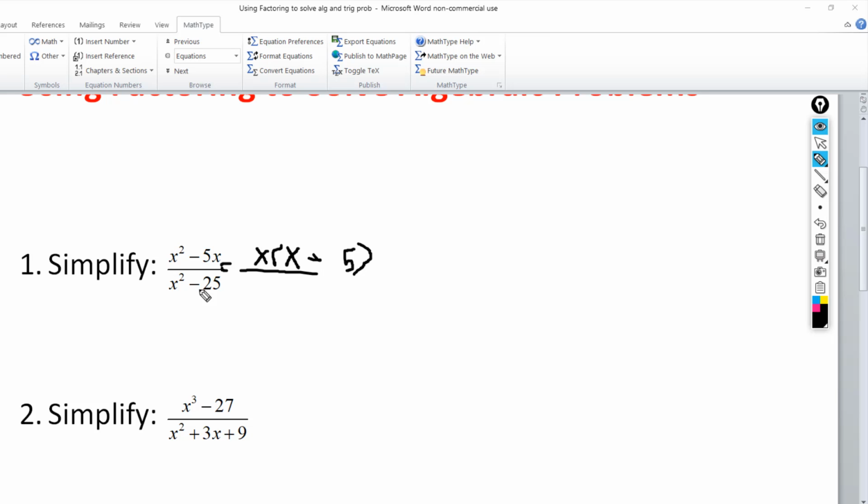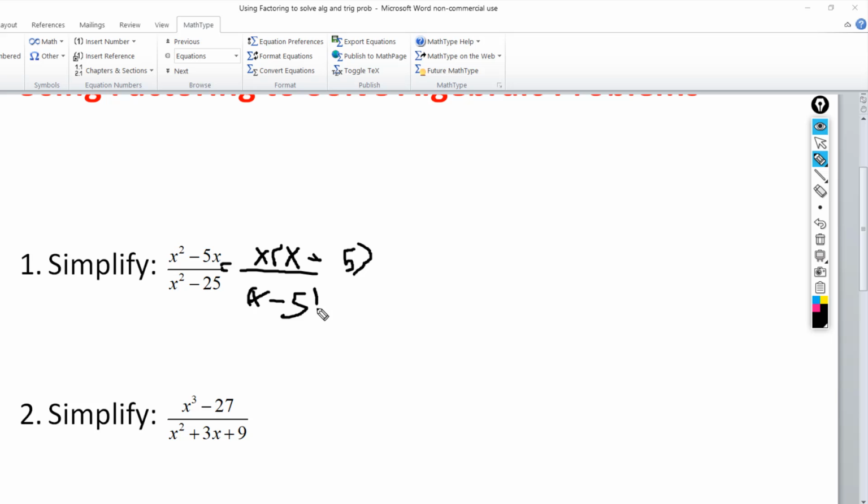Now the denominator is also a binomial. We don't have a common factor we can take out, so we have the difference of squares. So we noted last time, if you have a difference of squares, you can factor into the difference and the sum of the square roots.